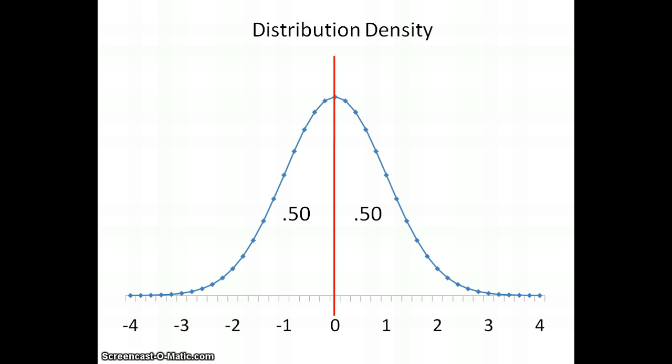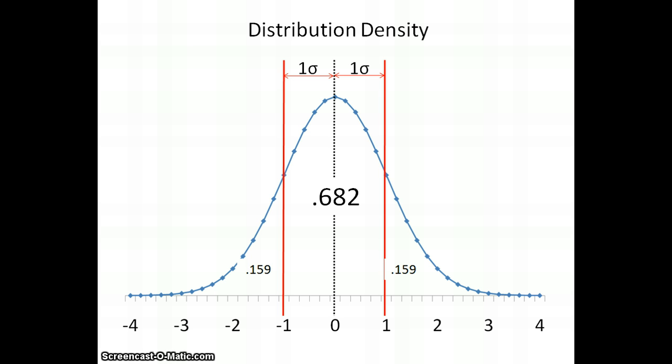Okay, so here's a little better drawn version of our density distribution, and 50% of our values are going to be on either side of the mean. Now in this case the mean is 0. I'm using a little bit different variables here, but stick with me.